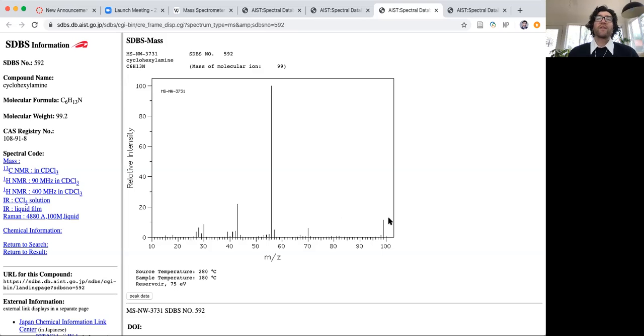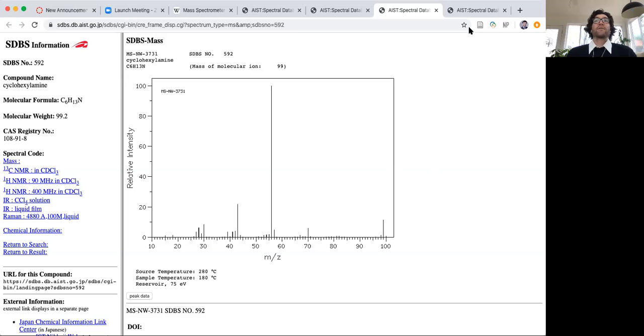So if it's an alkane and there's an odd molecular weight, it's likely that there's an amine, because the addition of NH2, 16, gives you an odd number often, because you subtract an even number from your original parent ion. Like in this case, 84 minus 1 plus 16.